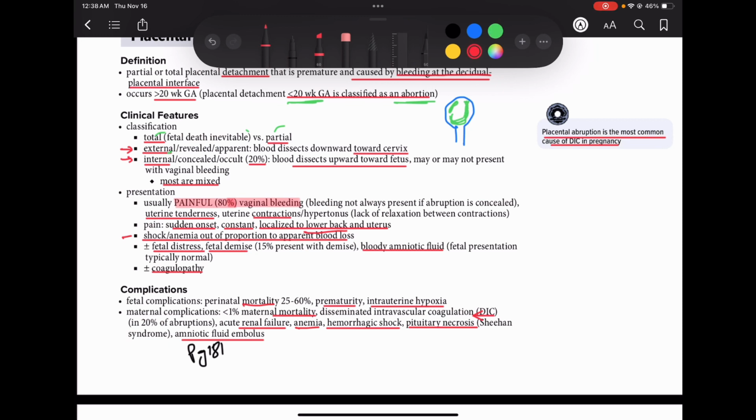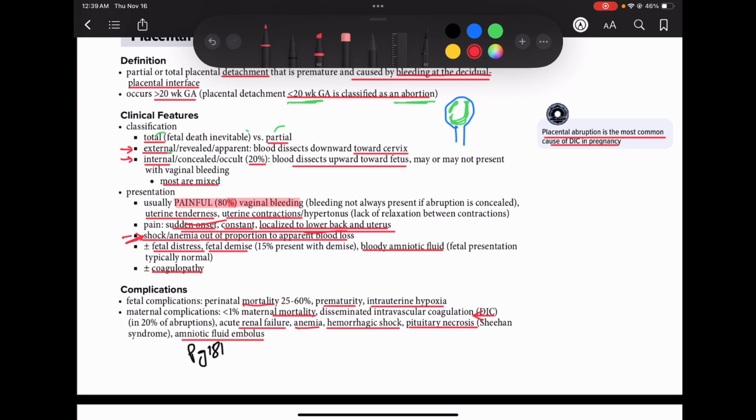and suddenly there is painful vaginal bleeding, there are uterine contractions. The patient comes to you with sudden onset, constant, localized lower back and uterus pain, uterine contractions, uterine tenderness, and the vitals show that the lady is going into shock.